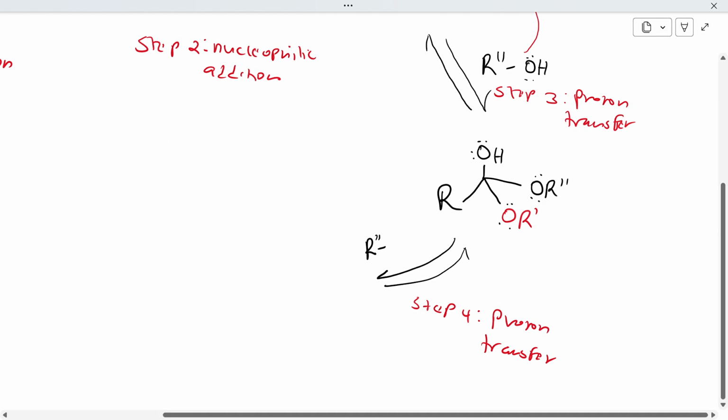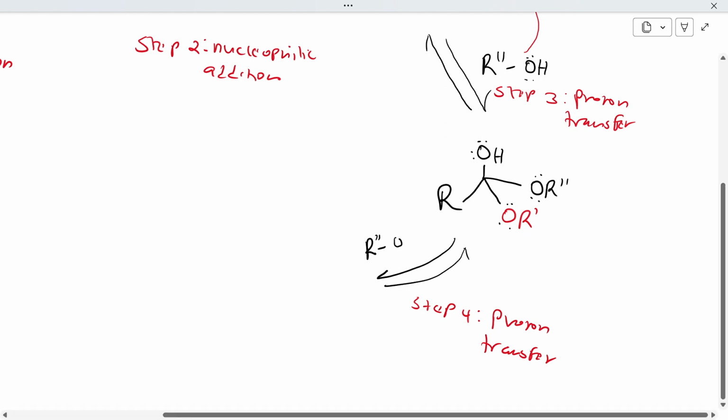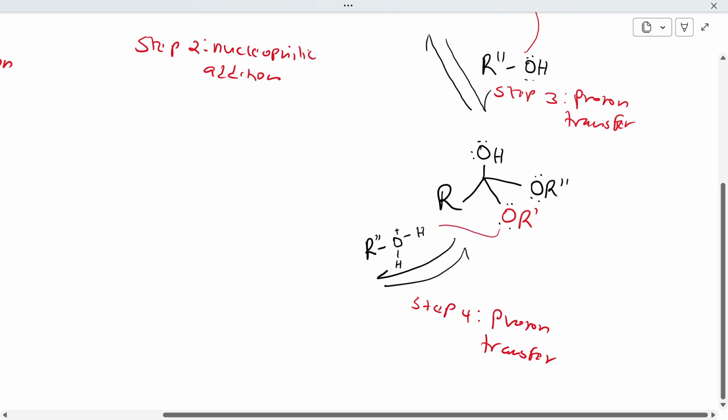Now I'm going to have a situation whereby it is bonded to oxygen that has a hydrogen and another hydrogen with a partial positive charge. Yes. Then what is going to happen here? That hydrogen is going to be picked and an electron is going to be transferred into that system.